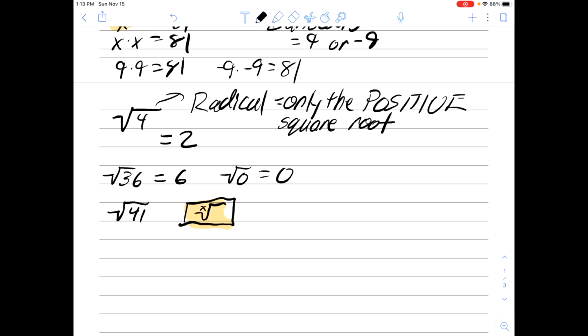If you put in, for example, the number 41 and hit this button, you're going to get a decimal that goes on forever and ever. You're going to get a crazy, crazy decimal. It never repeats and it never ends.